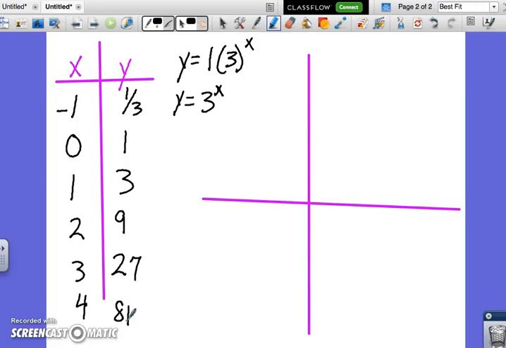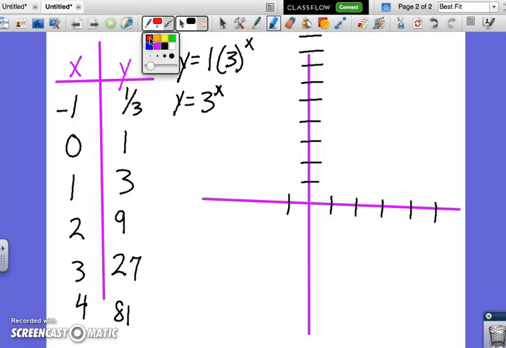Let's graph a couple of these. There's -1, there's 1, 2, 3, 4, 5. Let's pick some numbers on the y-axis: 1, 2, 3, 4, 5, 6, 7, 8, and we'll squeeze a 9 in here. Let me change to a red.